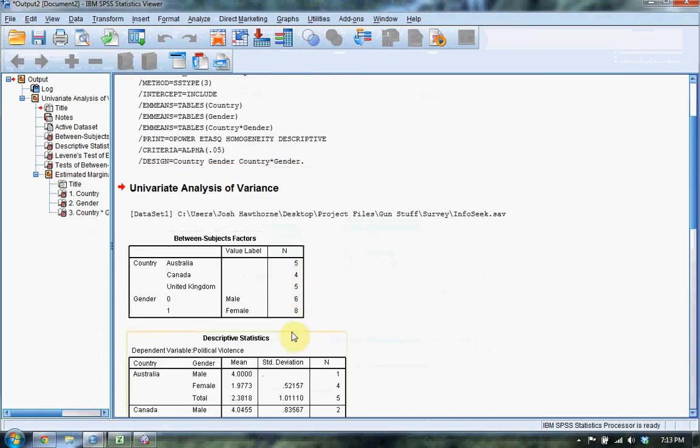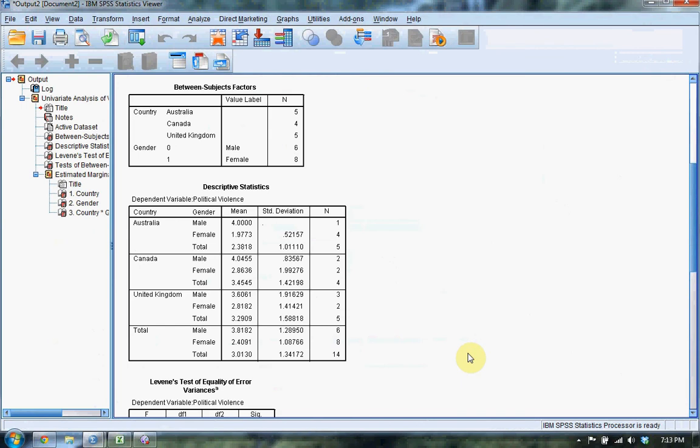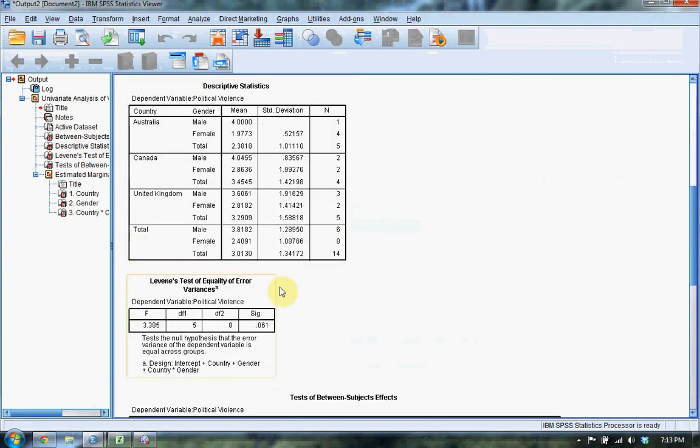As you can see, we've got just about equal sizes in male and female, equal across groups. And there are different means and standard deviations associated with male and female in each country. Here's our Levene's test that tests for homogeneity of variance.